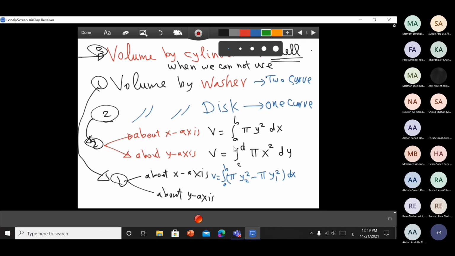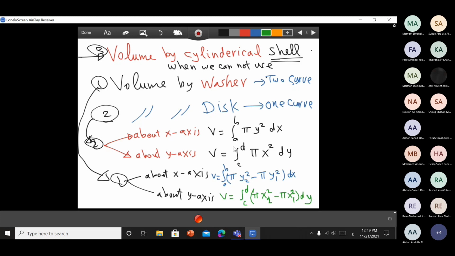For the other one, if you are rotating about the y-axis, you integrate from C to D the volume of the outer one, in this case x as a function of y, minus the volume of the inside one, and the thickness of the slice will be dy.